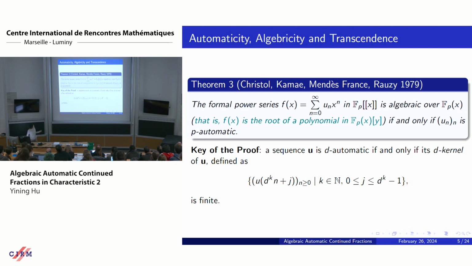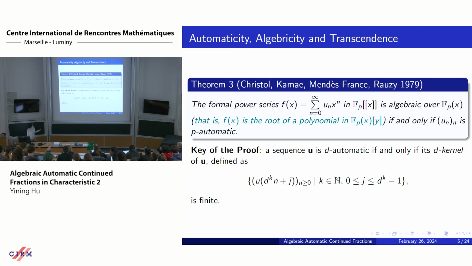And to prove this theorem, a key fact that we use is the following property of automatic sequences, which says that a sequence u is d-automatic if and only if its d-kernel is finite.